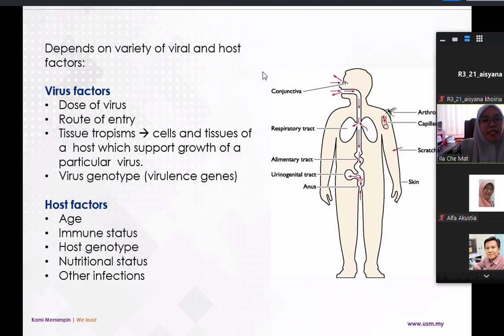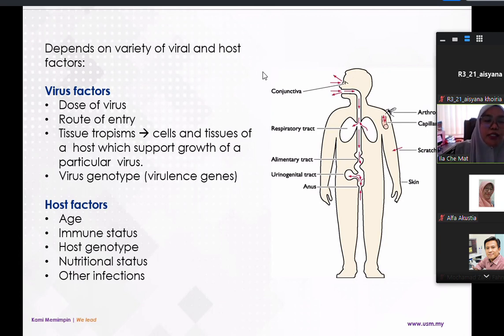All right. So the host factor is highly associated with the immune system. The key point here is the immune system. Like age, your age right now is the best, the perfect one, because you are young and energetic, so your immune system is well developed.